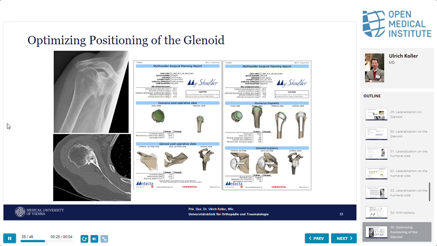When I try here, for example, to medialize and ream just to get a proper fixation, or just to avoid the dorsal retroversion in the glenoid, you will see that the bone stock will be gone. There will be no glenoid left. So it is important to judge that at the beginning and to have an idea how to do a proper positioning of the glenosphere.